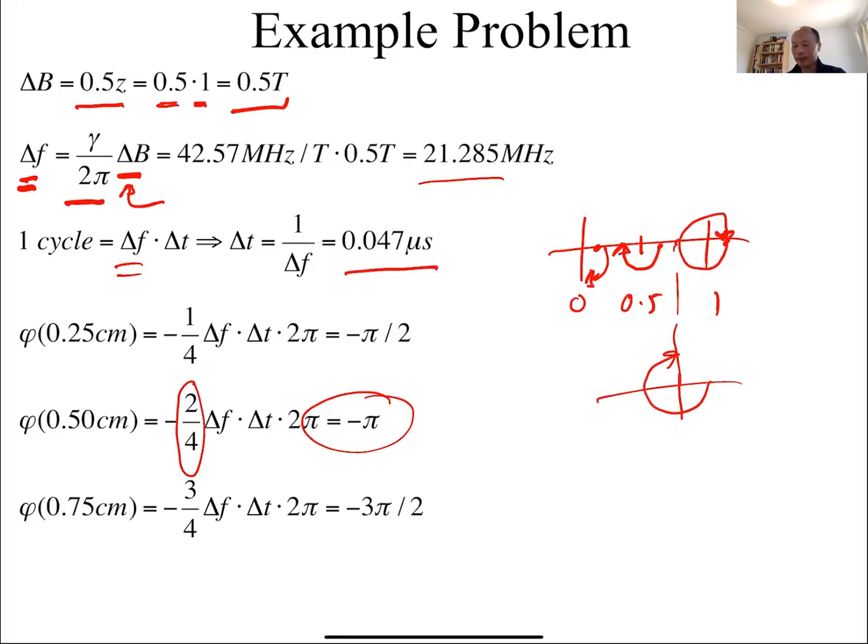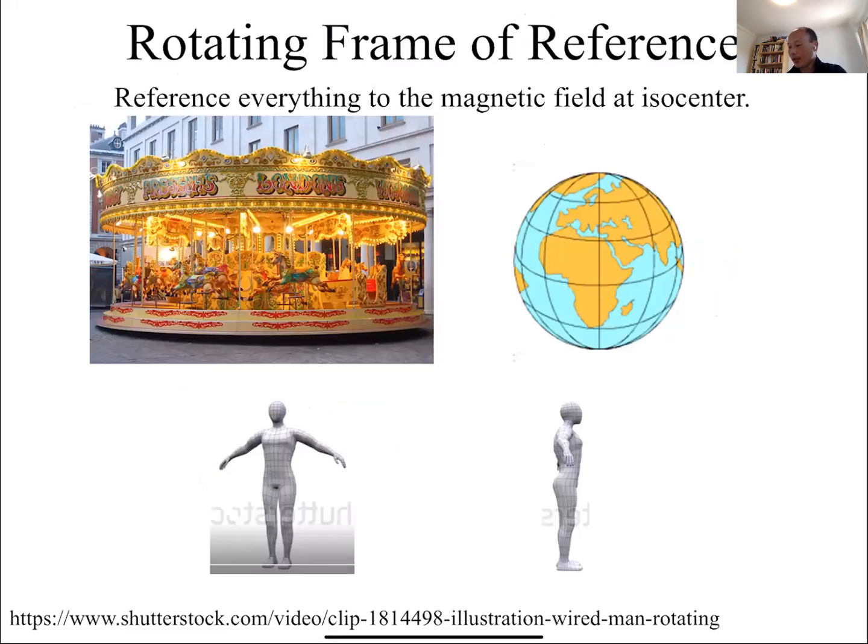270 degrees around. Basically, the farther the spins are from isocenter, the more field difference they experience, so they precess faster and therefore acquire more phase in a given amount of time. That's what we refer to as the rotating frame of reference.